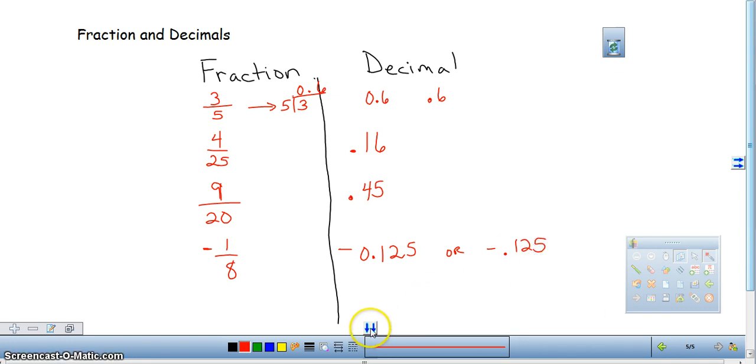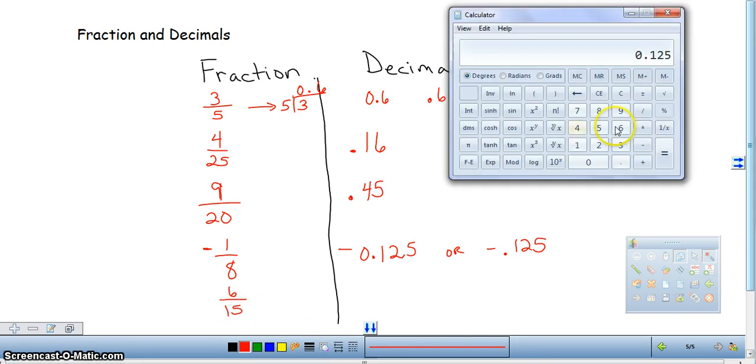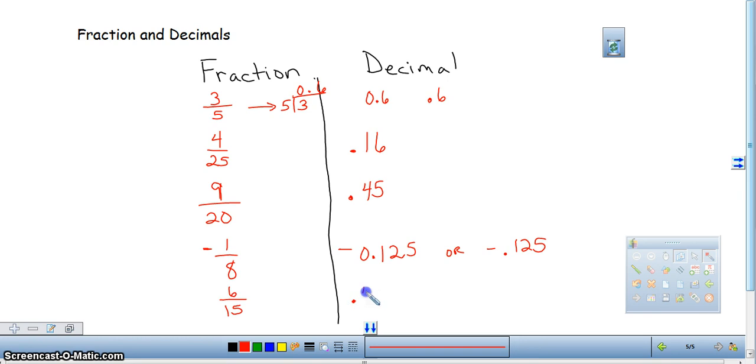Okay, let's try 6 over 15. So I'm going to clear. In my calculator, I put the top number, so 6 divided by 15 equals 0.4.